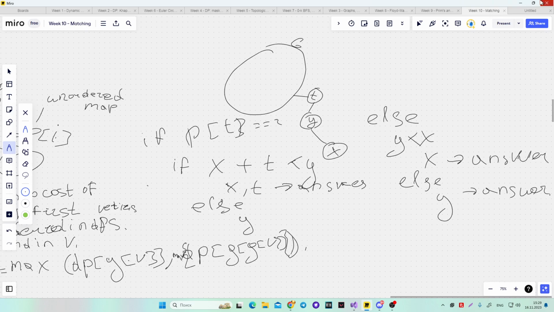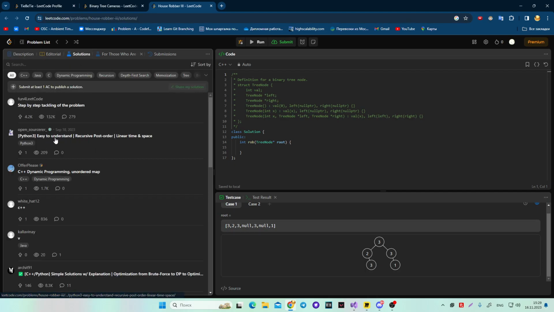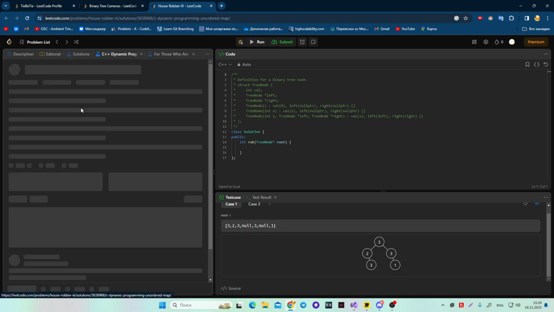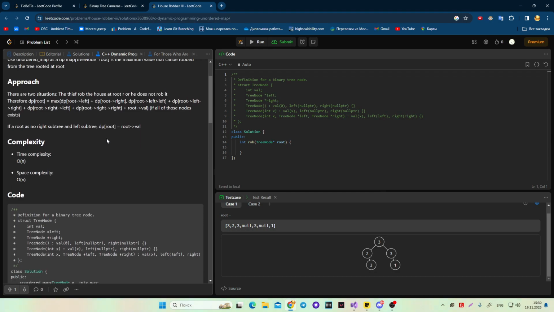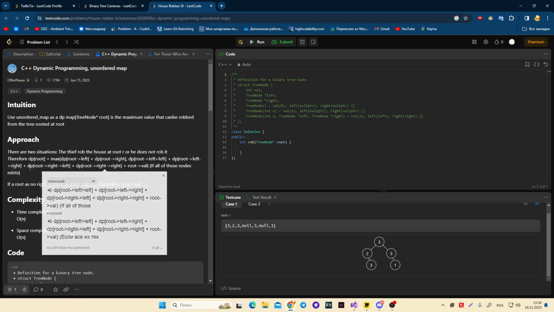Okay, I think it's time to consider solutions. Dynamic programming, another map. Root left, root right. dp root left, dp root right.